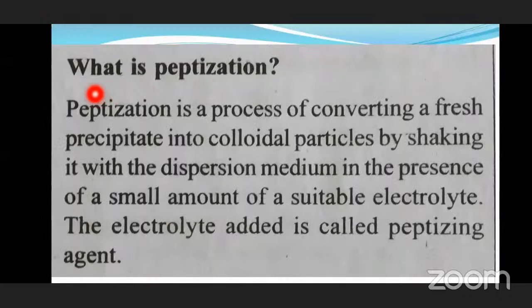What is peptidization? Peptidization is a process of converting a fresh precipitate into colloidal particles by shaking it with the dispersion medium in the presence of a small amount of suitable electrolyte. The electrolyte added is called the peptidizing agent.